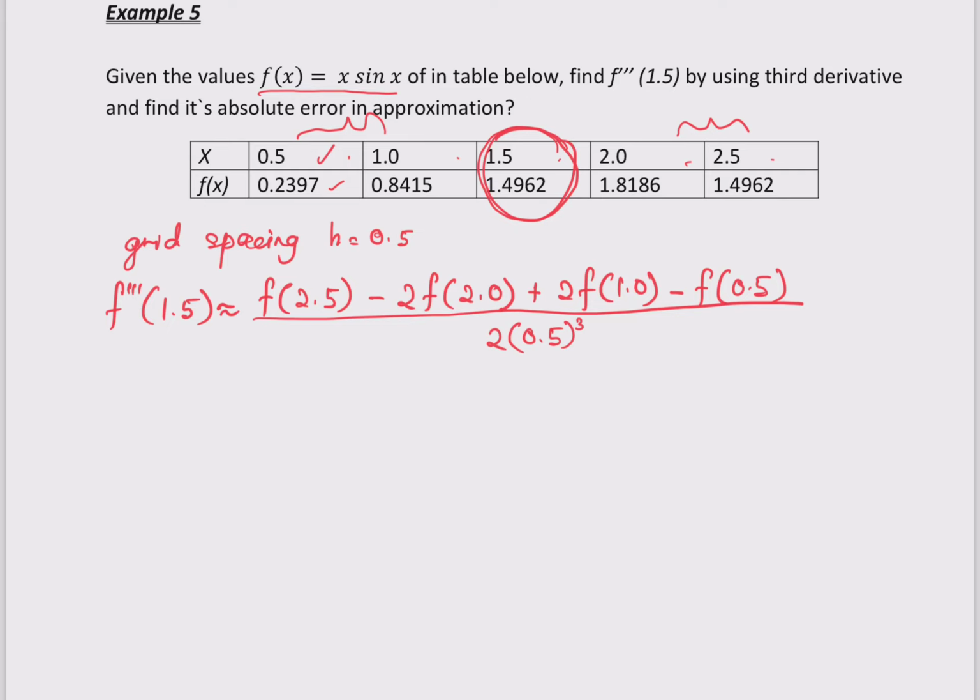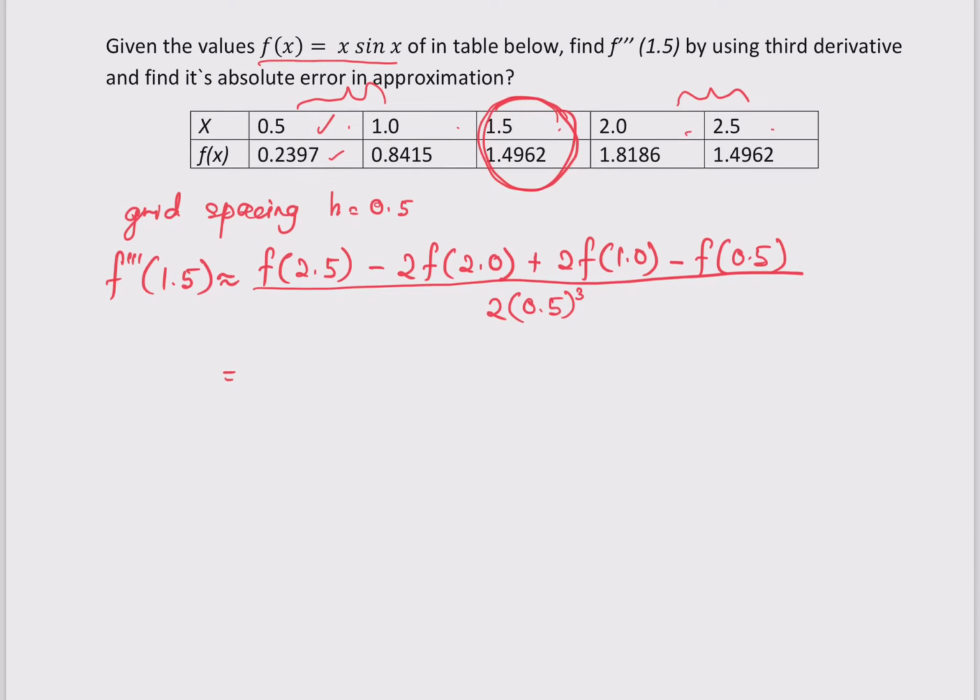And at all these points, you have the value of that function. So you just substitute.